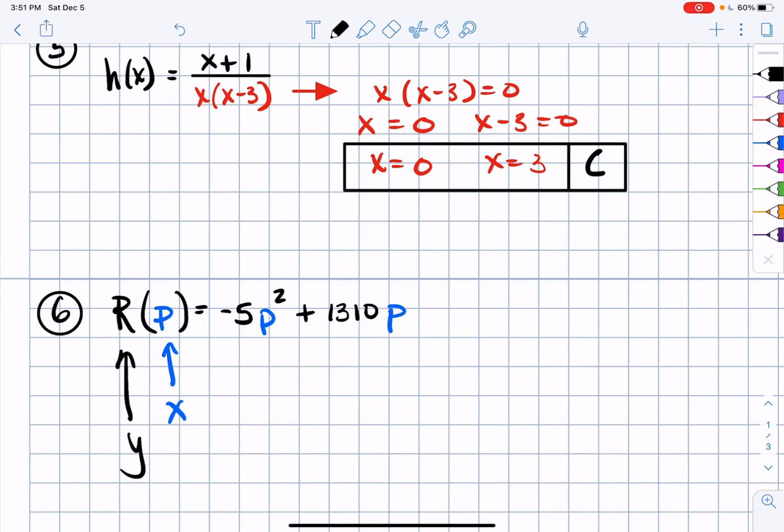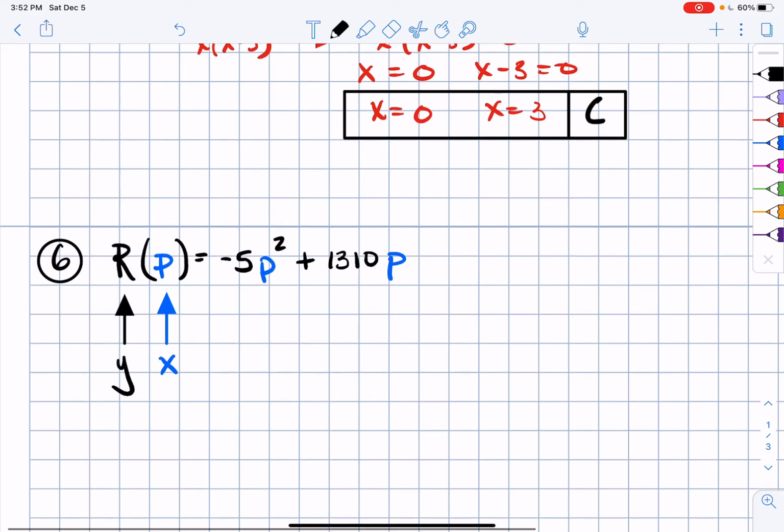In fact, let me do this prettier. Okay, since this is inside, that would be your so-called X value. And since this is on the outside, this would be considered your Y value, okay?